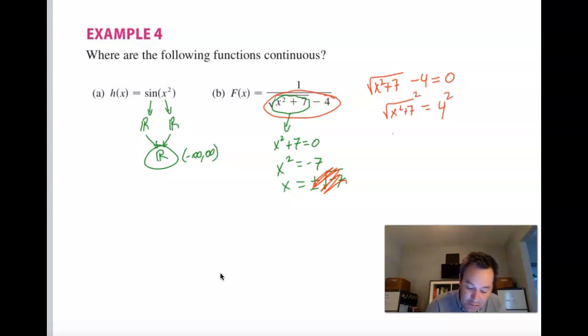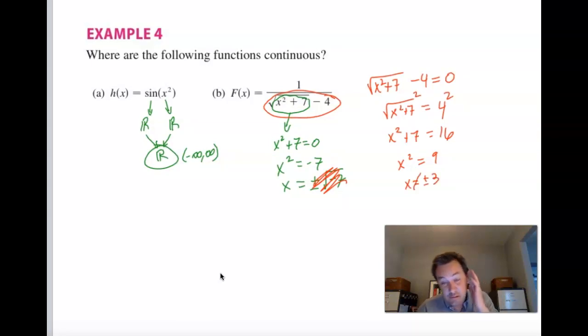I'm going to square both sides. X squared plus 7 equals 16. All right, x squared equals 9. X equals plus or minus 3. So I need to exclude those values from my domain. And everywhere else, this function should be continuous.